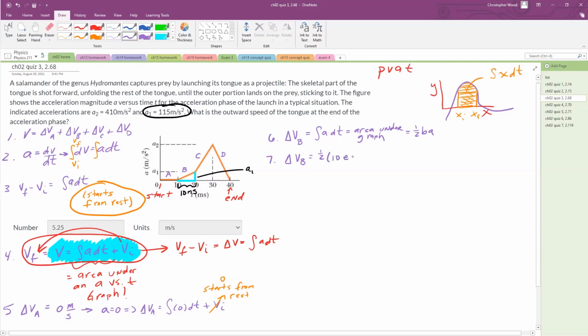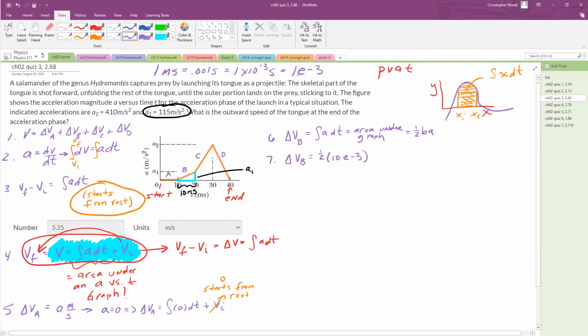The base is 10 milliseconds, so I'll write 10 milliseconds as 10 e minus 3. Let me explain: 1 millisecond is 0.001 seconds, which equals 1 times 10 to the minus 3 seconds, or 1 e minus 3.